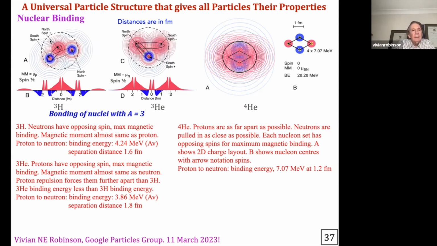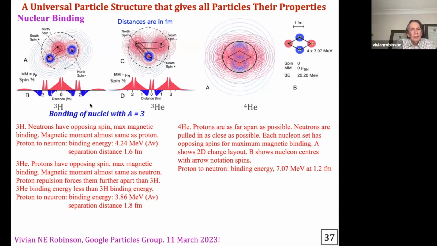These two neutrons have no repulsion between them, so they can move in close to the proton. Because the neutrons have reverse spin, the residual magnetic moment will be very close to that of a proton, and it will have a spin of one half.